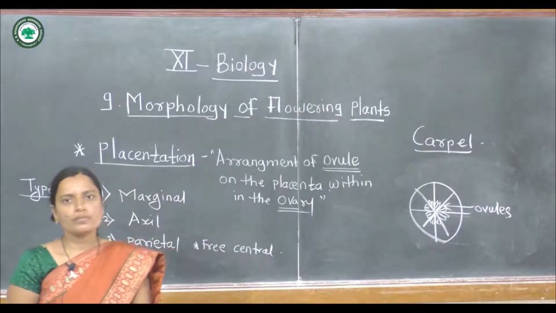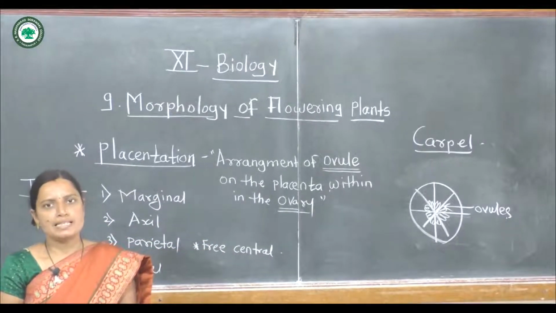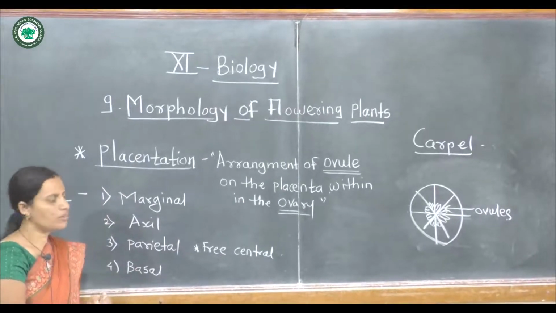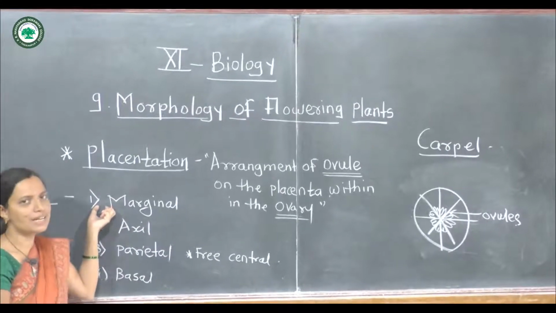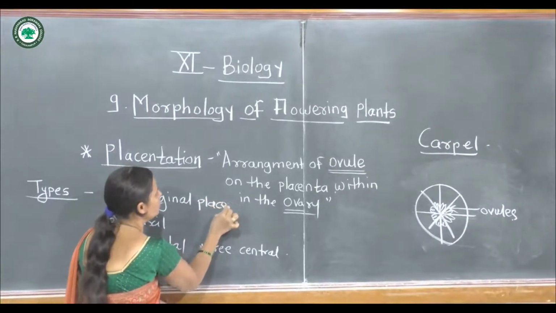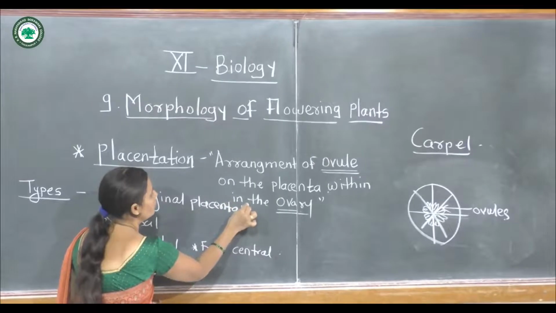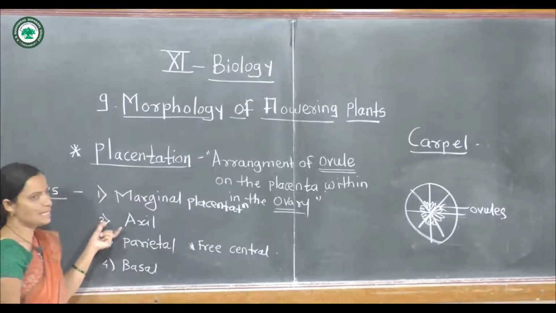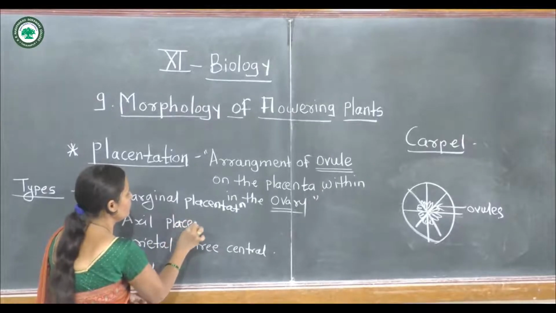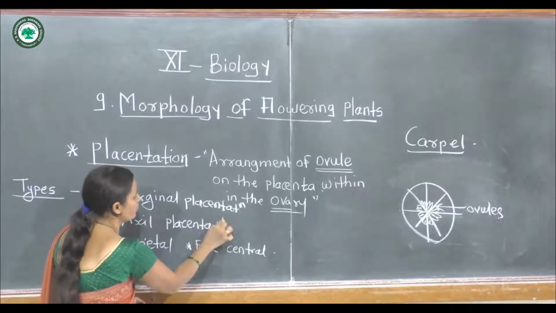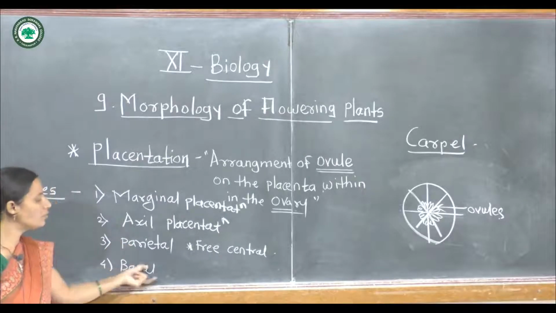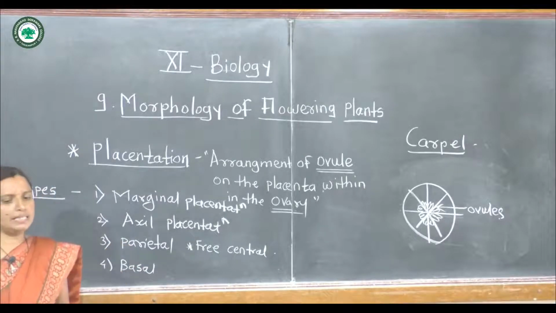There are four types of placentation. The first is marginal placentation, the second is axile placentation, the third is parietal placentation, and the fourth is basal placentation.